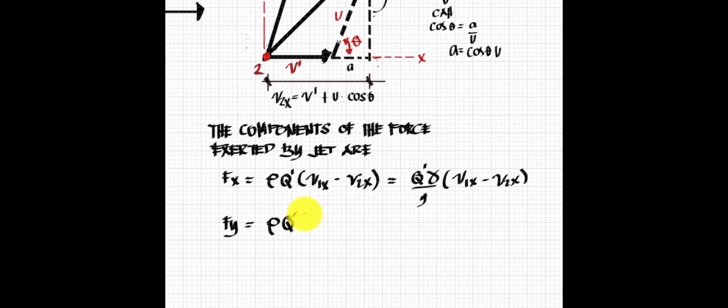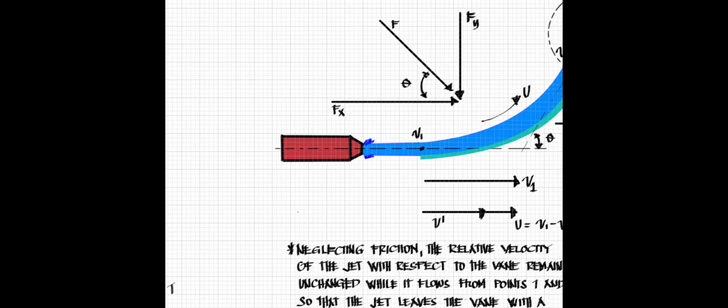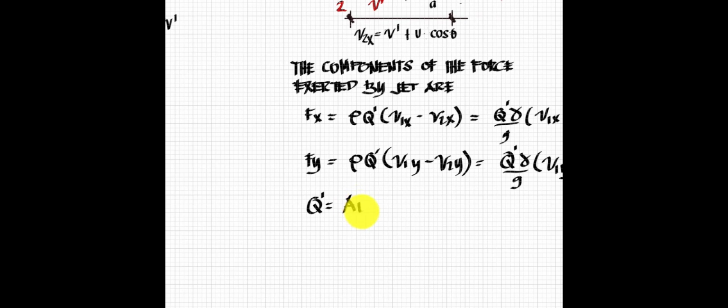So going back, we have now V1y minus V2y, so this is equal now to the volume flow rate, then specific weight divided by the gravity multiplied by V1y minus your V2y. Then our volume flow rate Q prime is equal to the cross-sectional area of the nozzle of your jet, multiplied by U.